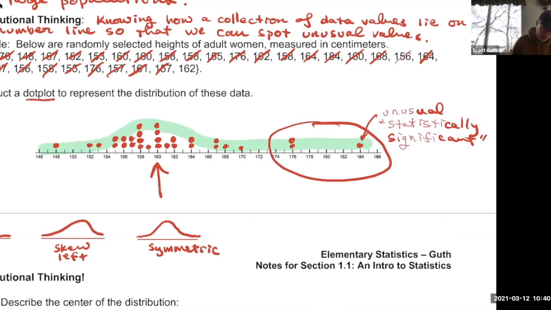But the shortest woman was not separated enough to be considered an outlier. Is there any question about that? So the math is just spotting these values. Rather than having a visual assessment, we have this really objective way of determining them. Any questions?